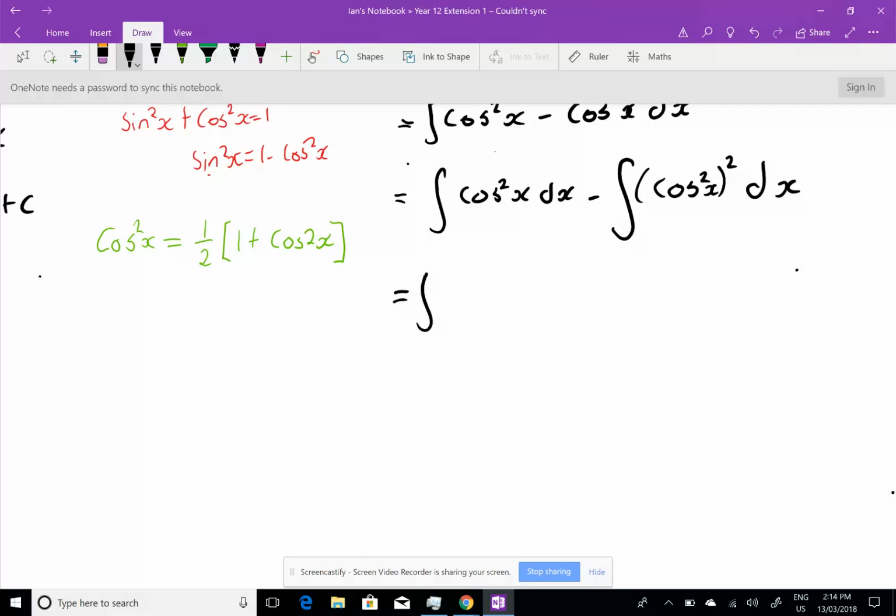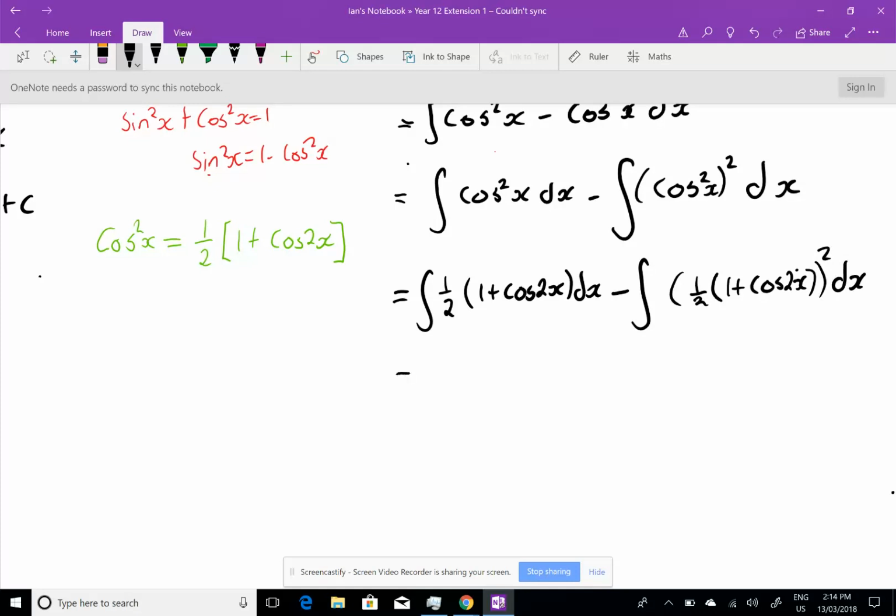And now we'll do that substitution. So we get the integral of a half of 1 plus cos 2x dx minus, well, let's write that as a half of 1 plus cos 2x, squared, dx. Okay, this first one's easy. We get a half outside of 1 plus cos 2x dx minus, well, let's go in here.